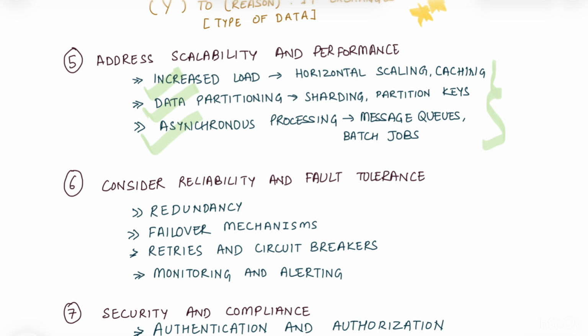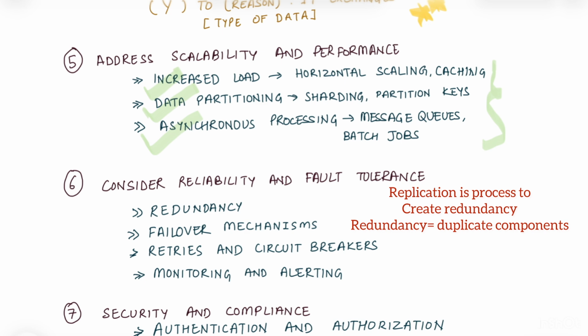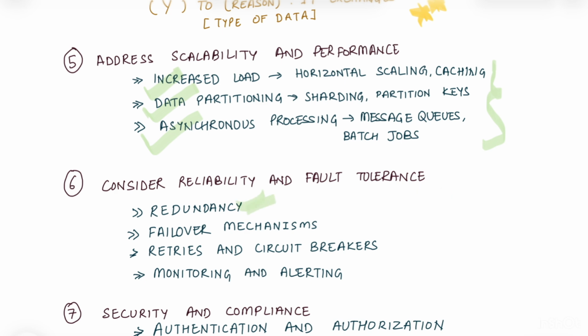to overcome these challenges. Like we keep replicas, so if one server fails, another can take over. This is replication. Failover mechanisms: a backup system automatically becomes active.